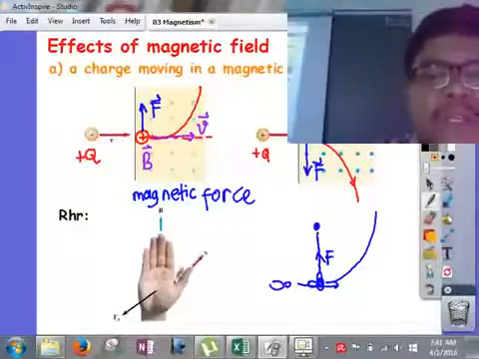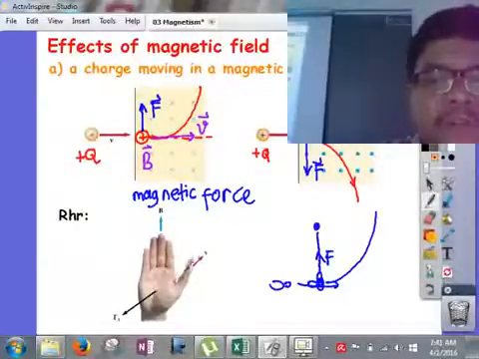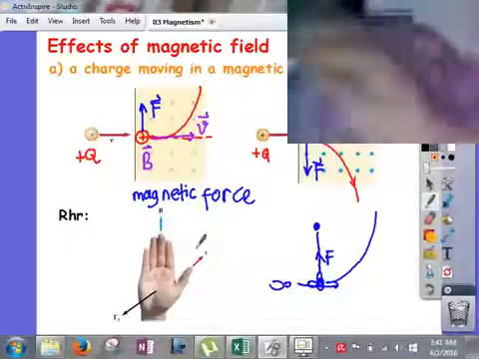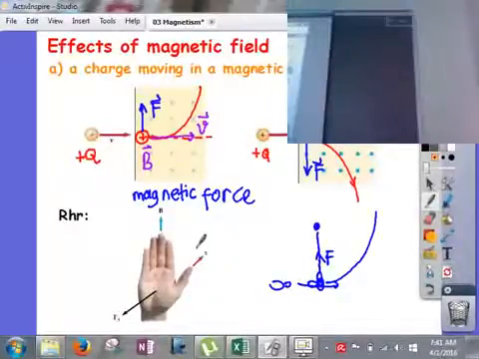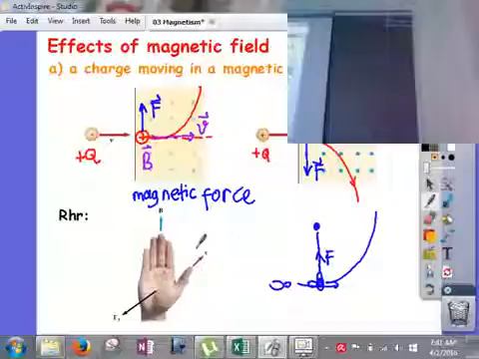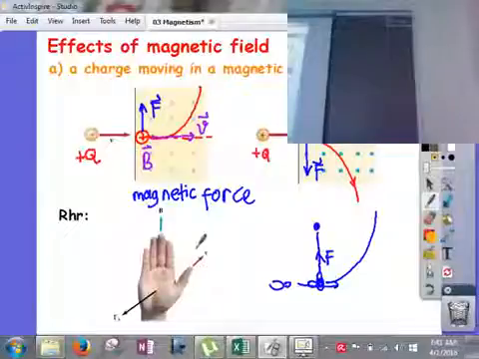So if you use the right hand rule, F is here, B is here, so F is upward. Coba dicoba. Gini, Pak.